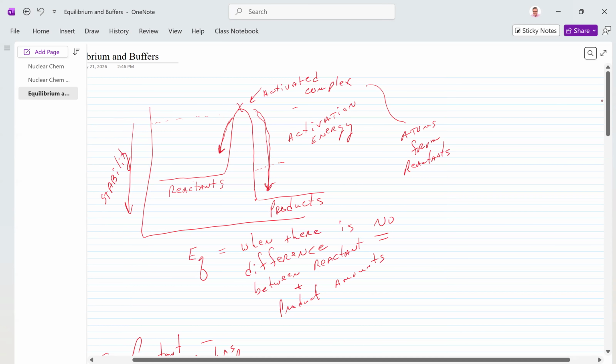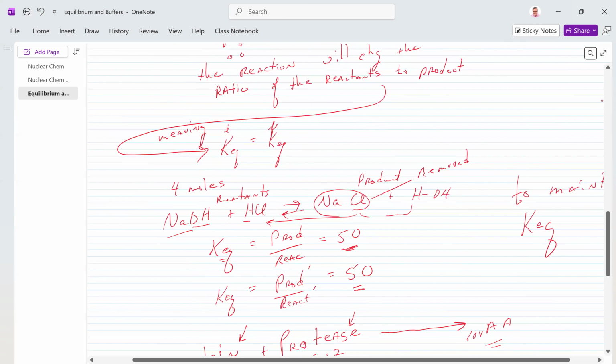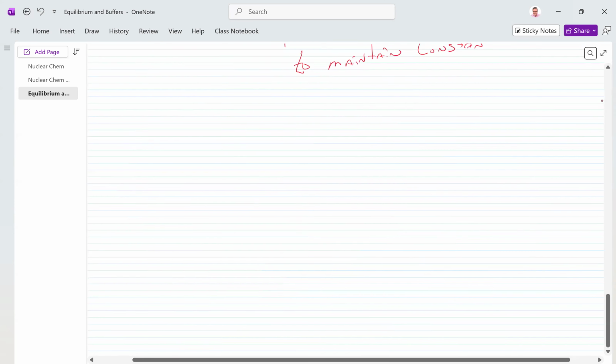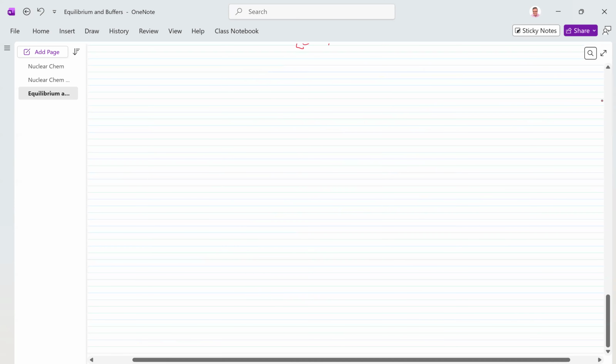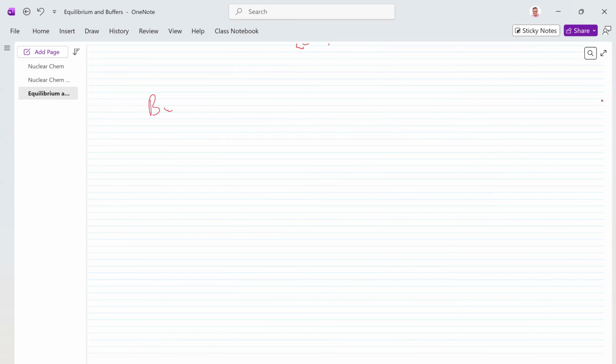Okay, so let's talk about buffers. Now, what is a buffer? Okay, this is an acid-base situation.